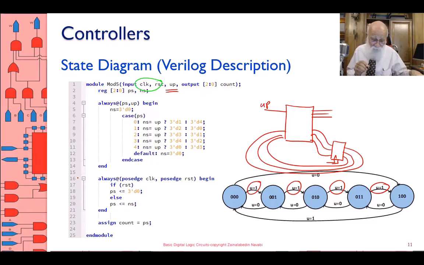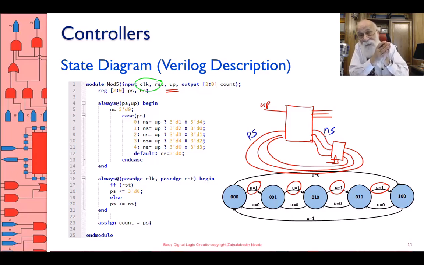And therefore, I have a part that does the clocking for me. For the input of that, I declare this is my present state, this is my next state. Present means what is now the state of my machine, like for example 001.